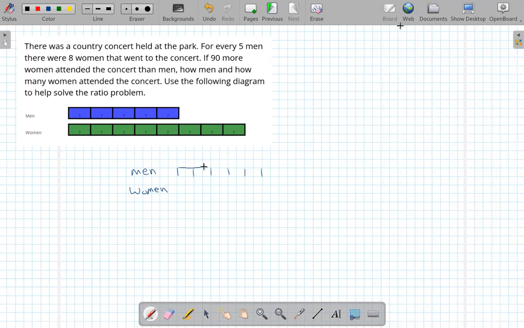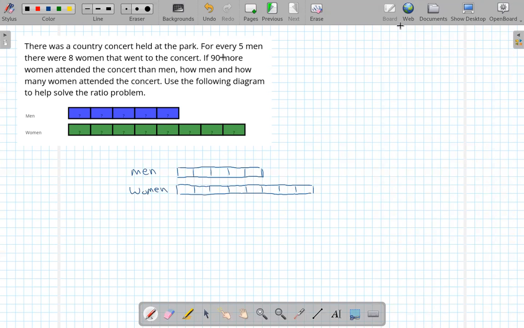So here's my men there. For women, I have 1, 2, 3, 4, 5, 6, 7, 8. So here's just that redrawing of that.